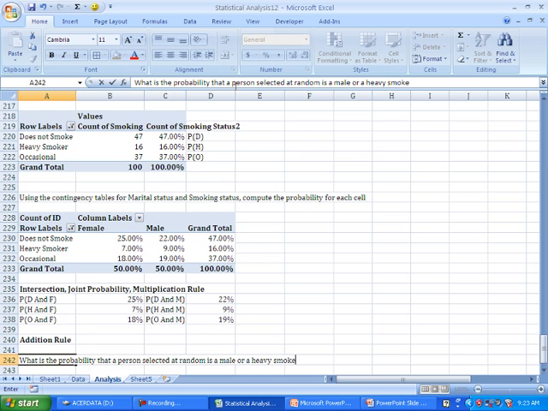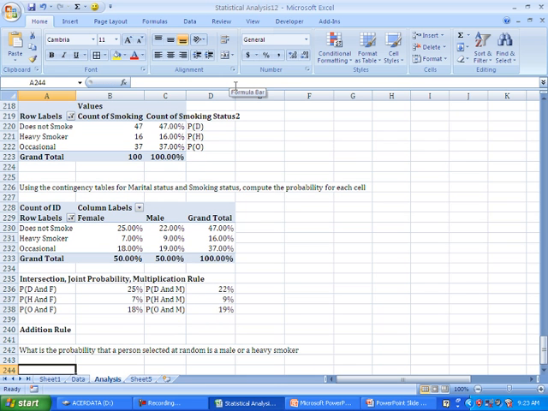So I'm not talking of AND, I'm talking about an OR. OR means either one of them can be a possibility. So we are talking about a person being either a male or even a heavy smoker.